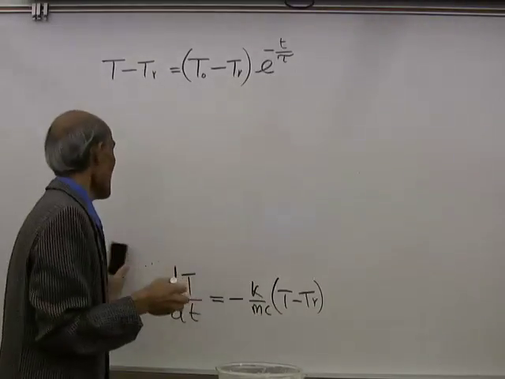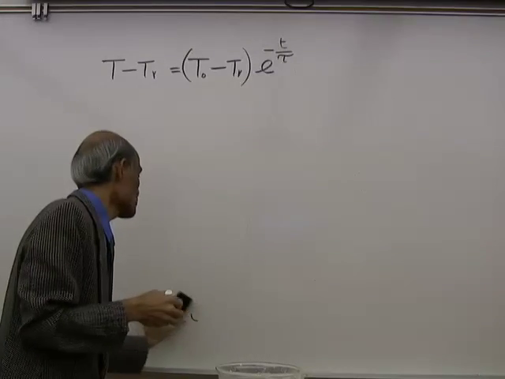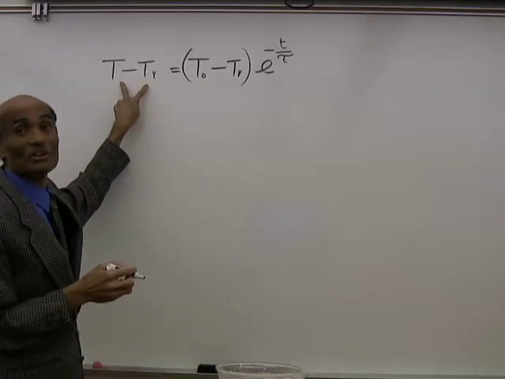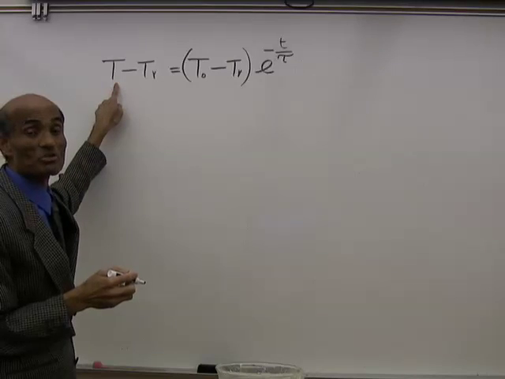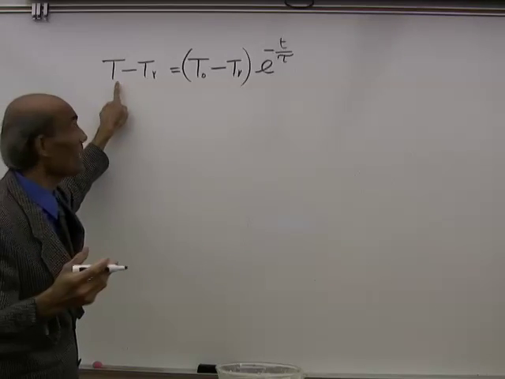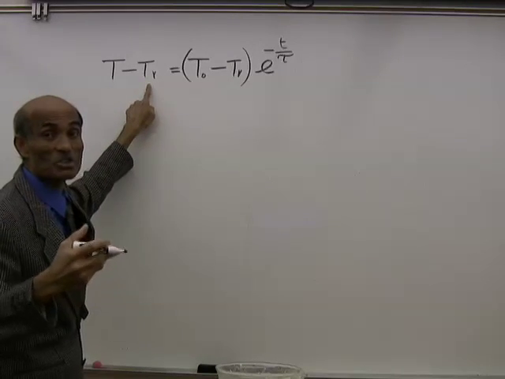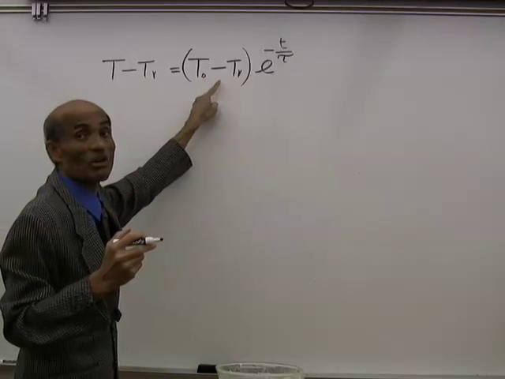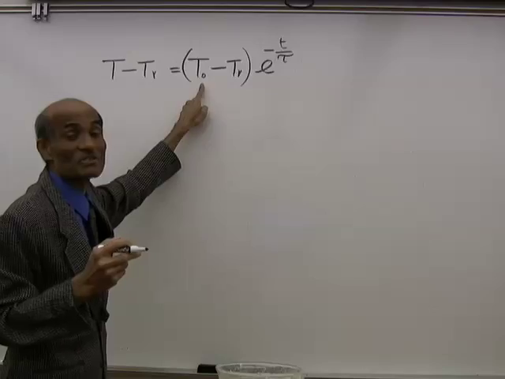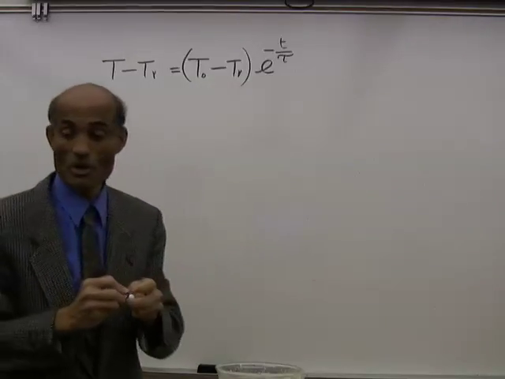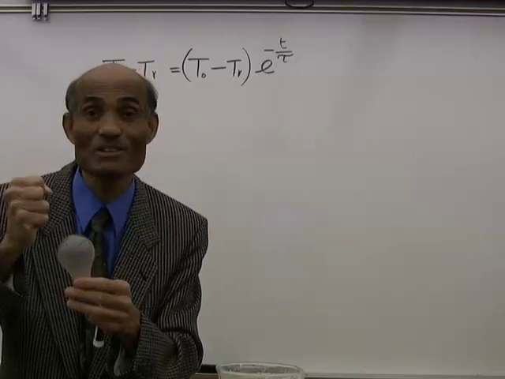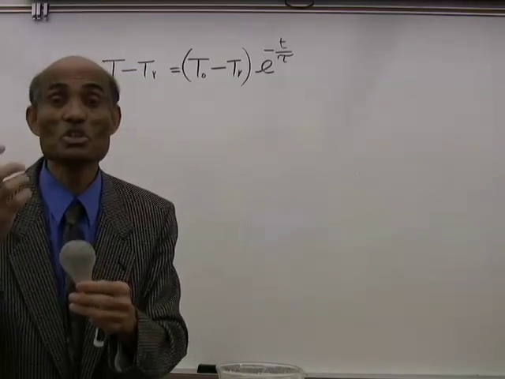And we have our equation for today's experiment as T minus T_R, where T is the temperature of the object at any given time and T_R is the temperature of the surrounding room, equal to (T_0 minus T_R) e to the power of negative t over tau. What is T_0? T_0 is the temperature of the hot object when you start the clock, the initial temperature.